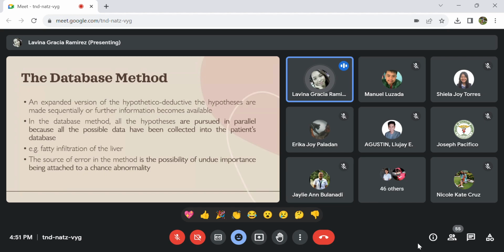And then it turns out there is a problem in clinical biochemistry, and some tests come out that you feel are not directly related. What you only want to prove is that it has Ehrlichia, but definitely in some instances there are changes in its other biochemistry too. That can give you the idea that the animal is not only suffering from that, but what you need to prove first is the main clinical condition. So those are some of the instances when it comes to the database method.